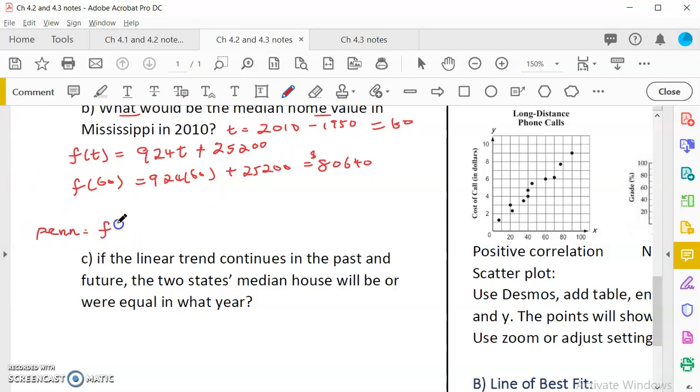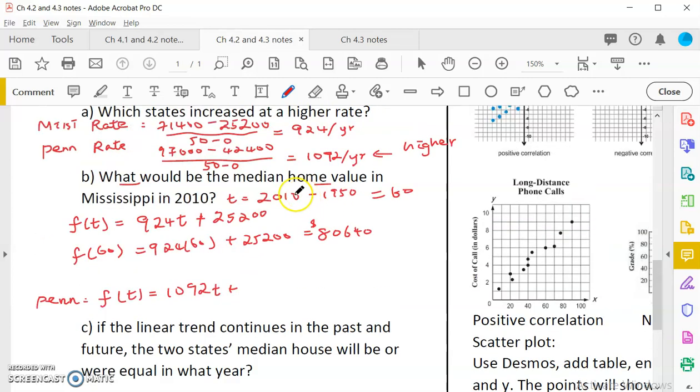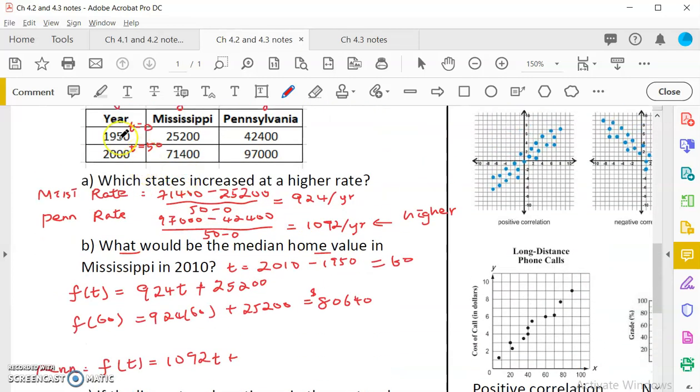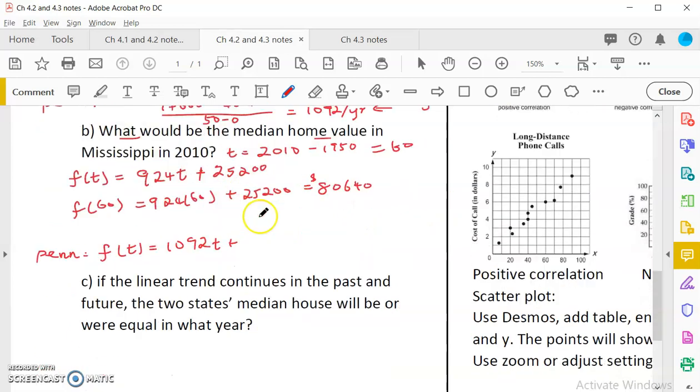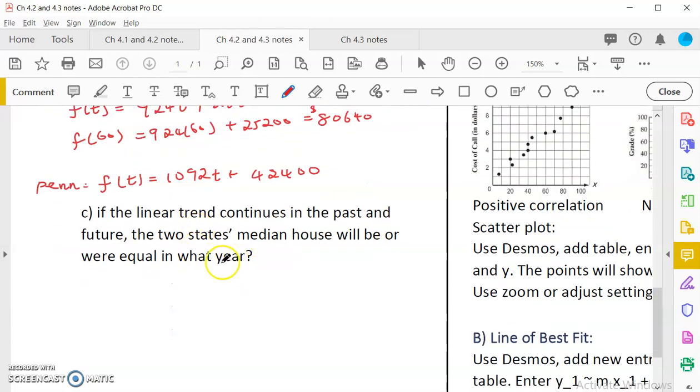Pennsylvania's function is f of t equals their rate, 1092t, plus the initial value at 1950. They start at 42,400. So instead of 252, they have 424. Right. So this is Pennsylvania's home price function.